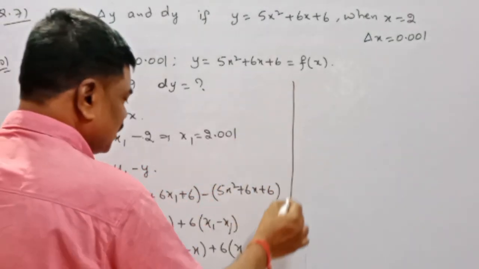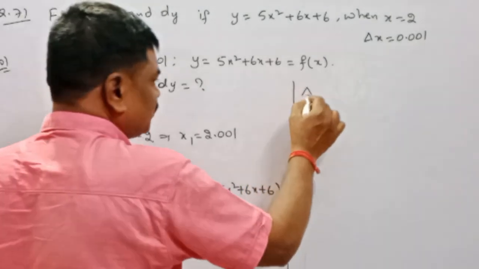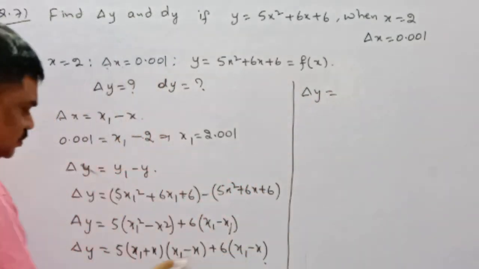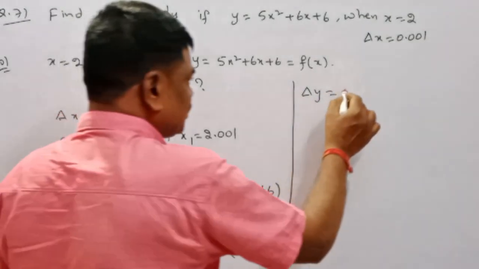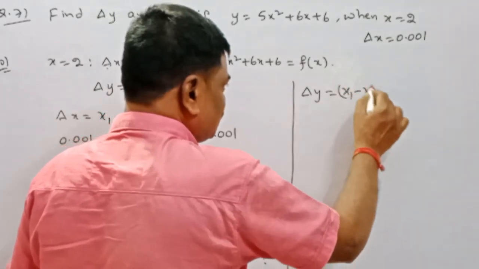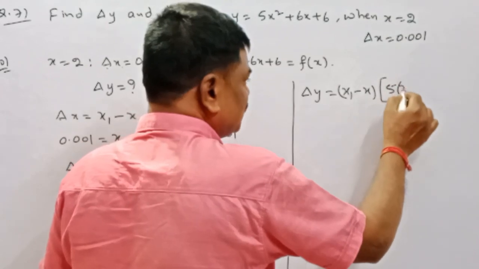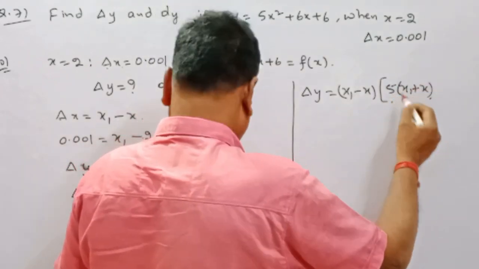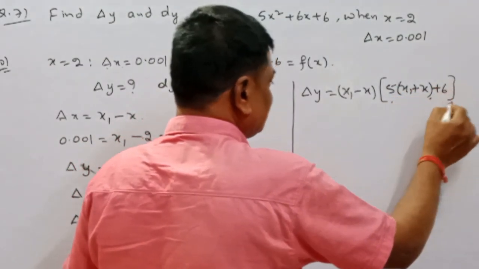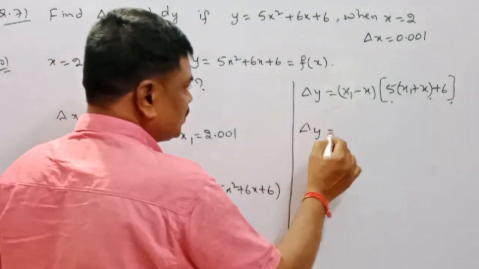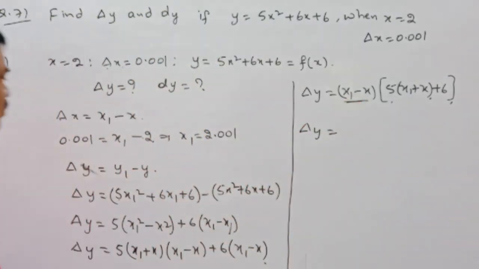Okay, all of you. Then delta y is equal to, these two have x1 minus x common, into 5 into (x1 plus x) plus 6. So delta y is equal to, what is x1 minus x?